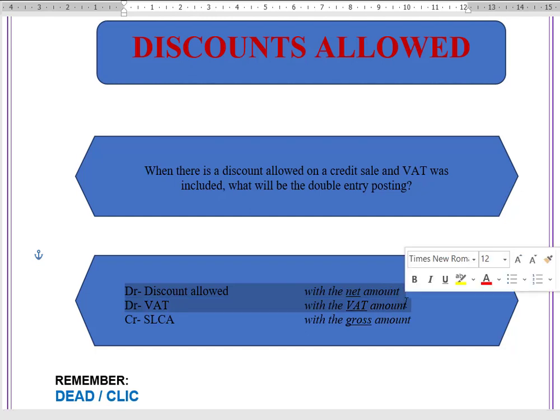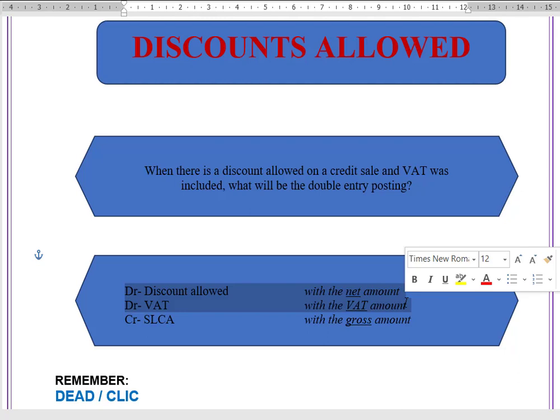Because if you sold a transaction and at the time you sold the transaction you charged VAT to the customer, you will then find that if the customer is now taking up a discount, they would also be utilizing the VAT, or the VAT would be part of that amount reduced. Why? Because that entire invoice carries VAT anyway. So if you're not going to pay me a part of that invoice, then of course that part as well will carry some VAT element as well. That again is dependent on if the original invoice had VAT.